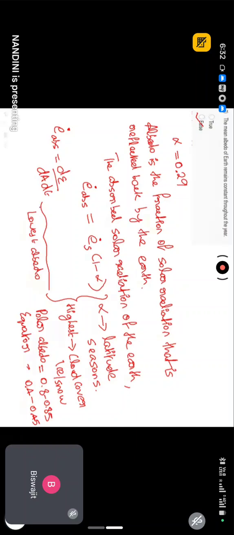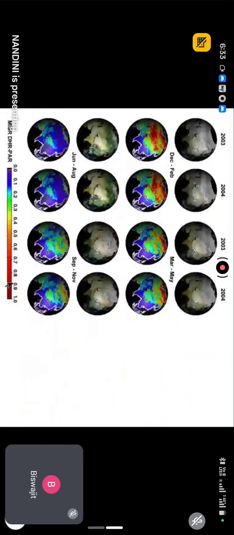Subtropical oceans. Yeah. And the value is around 0.01 or less.